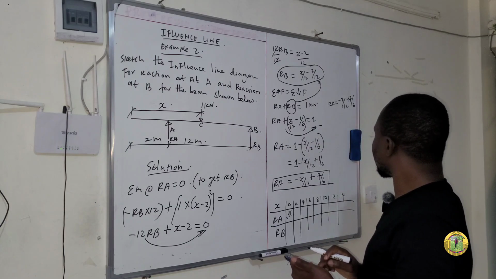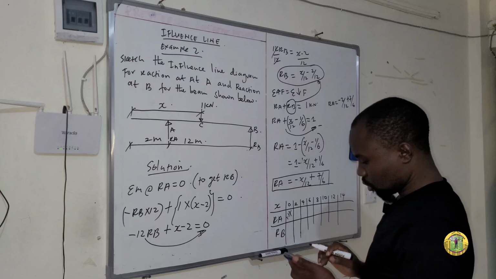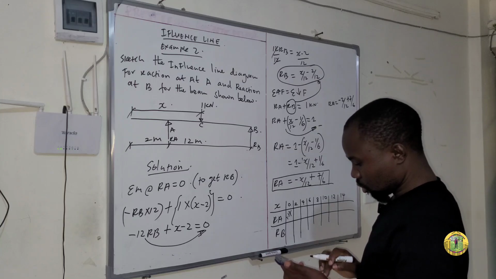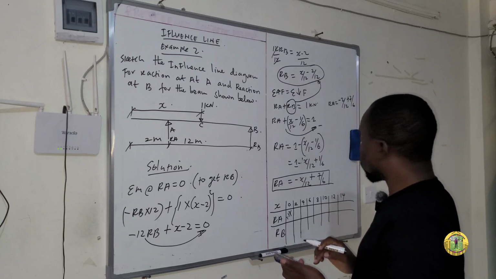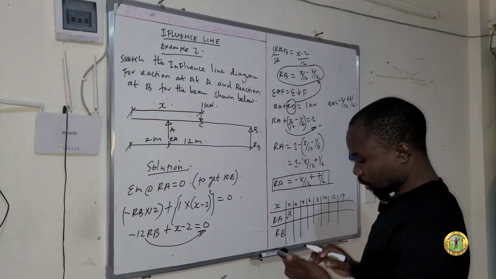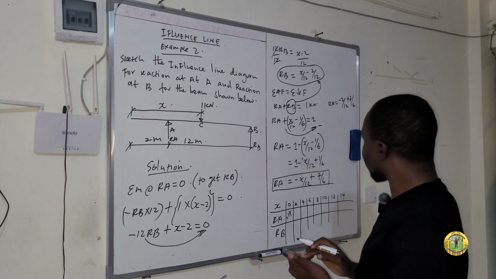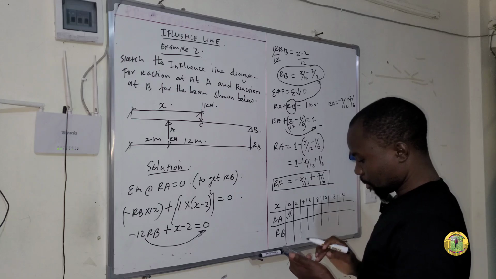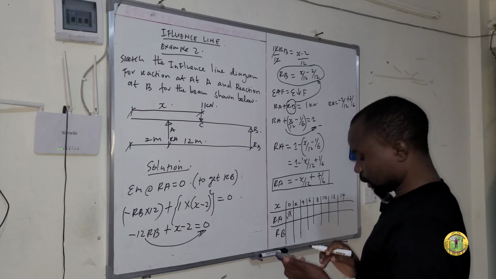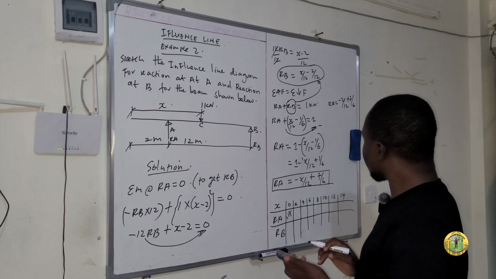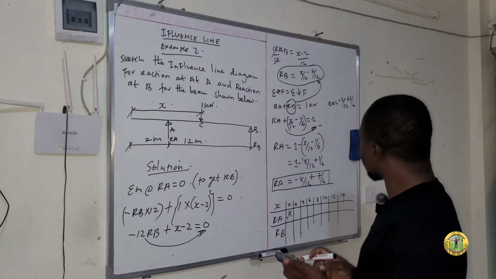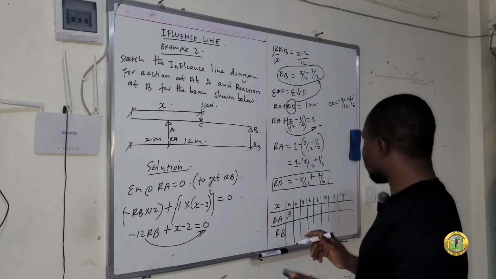So this is negative 2 over 12 plus 7 over 6. So this is 1.